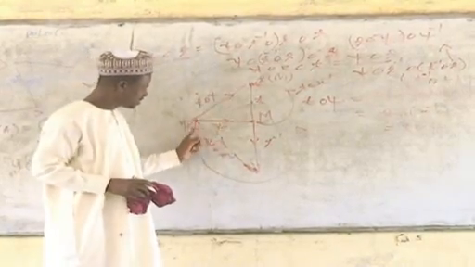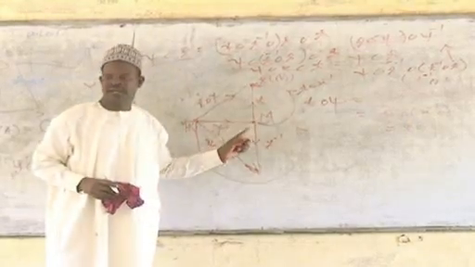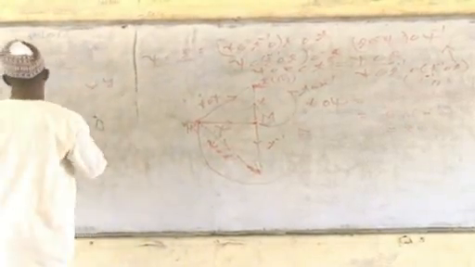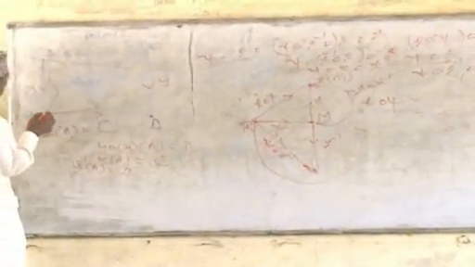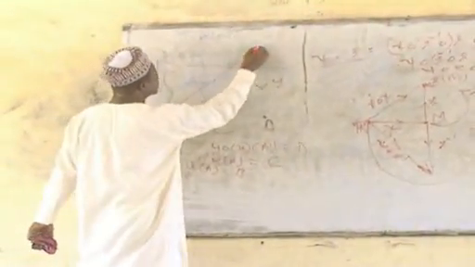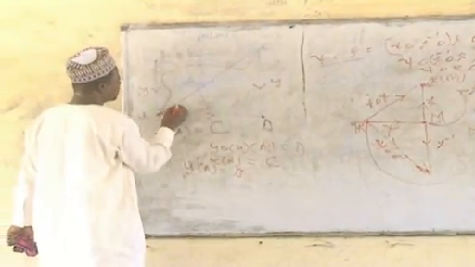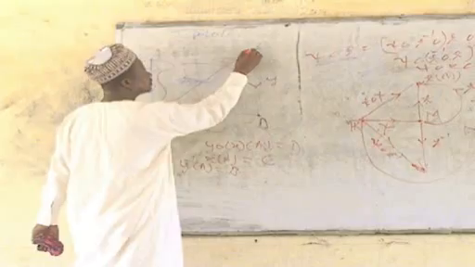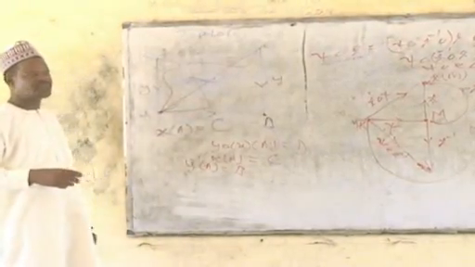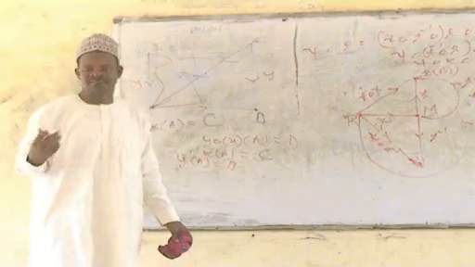One is this way, the other one is this way, and what we are assuming is that whether you move like this, or you move like this, you are always going to the same place.